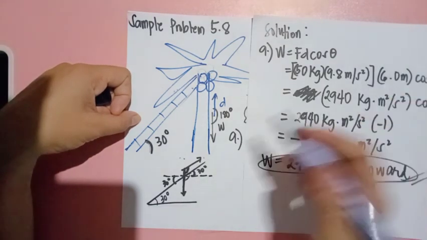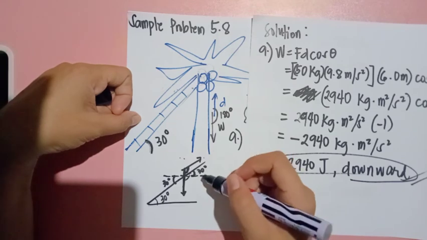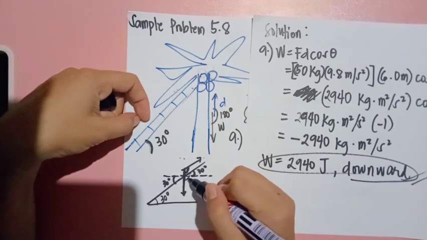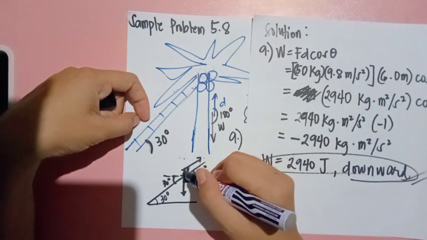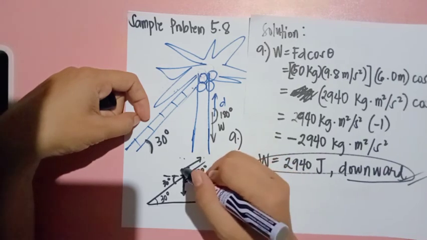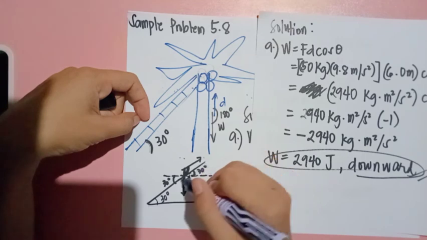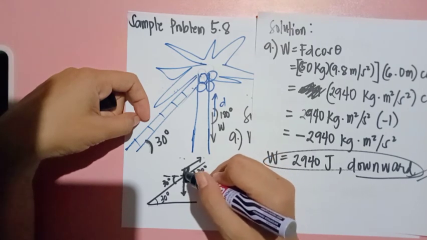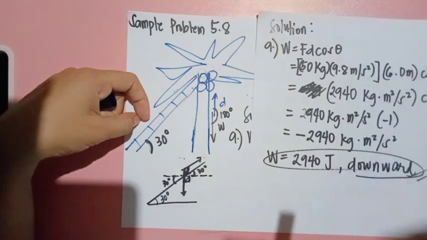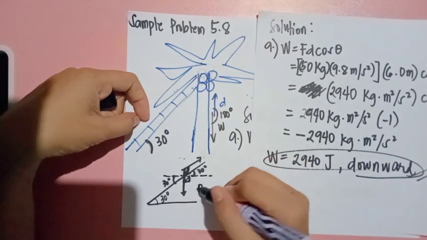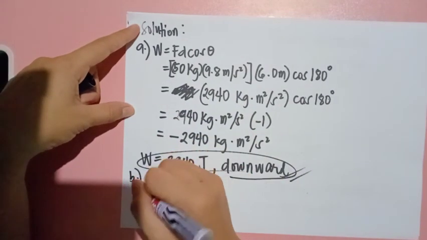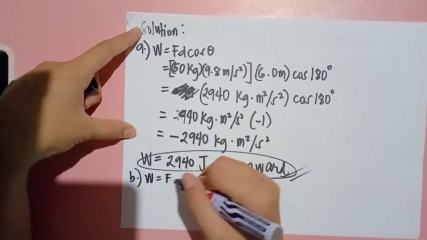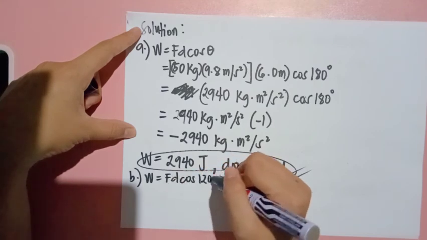Since this is 30 degrees, we add that 30 to the 90 degrees here, and we get 120. Same with the angle right here, since this line is parallel to this line, this angle, which is 120, is the same as this one. That means the angle between the displacement and the force is equal to 120 degrees. So for the solution, we have W equals F D cosine 120 degrees.